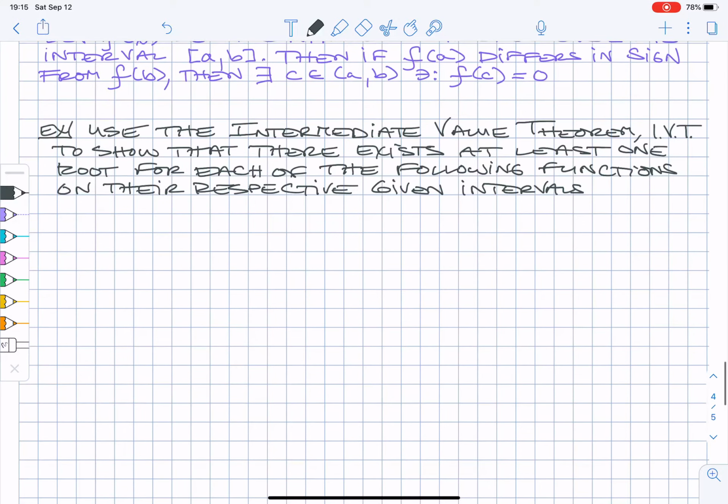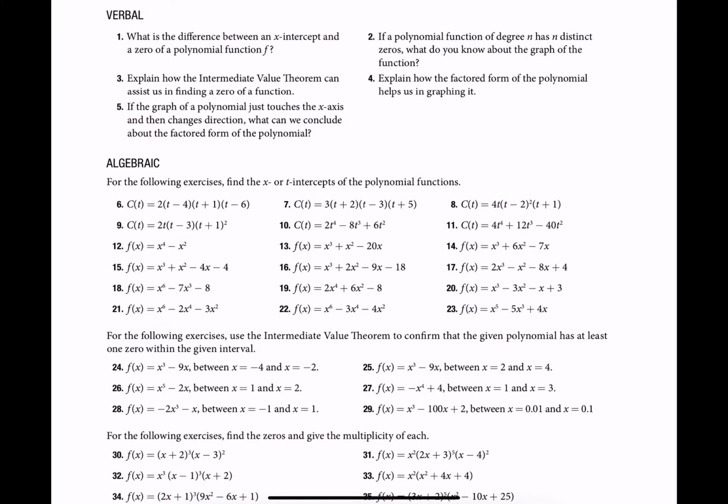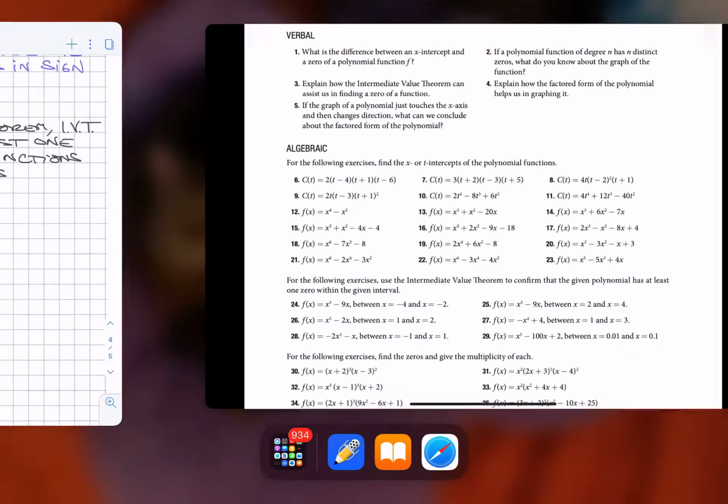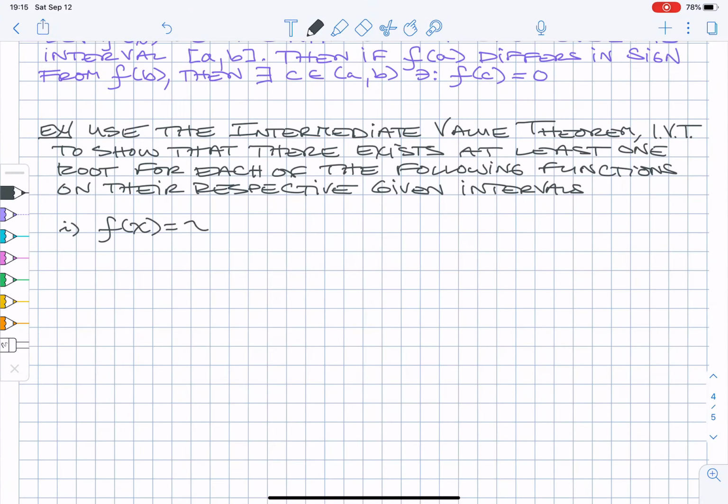Okay, so number 1, let's say we have that f of x, what was it? What did they have? x cubed minus 9x on the interval from -4 to -2.